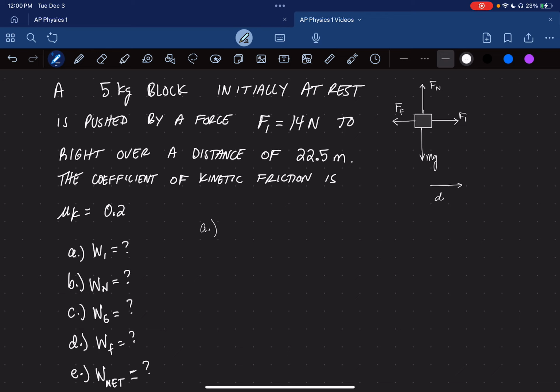For part A, we want to know the work done by force 1. We look at the direction of the force and the direction of the distance. If they go in the same direction, we can just say work 1 is positive force 1 times distance, which is 14 times 22.5.